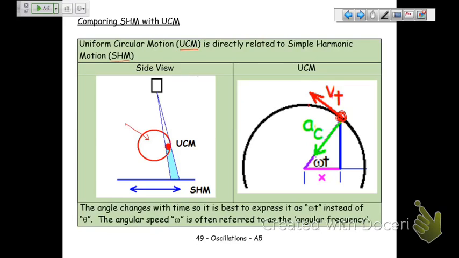and it has a certain angle. So as time passes, this red dot moves around the circle, and as it does, x changes in time. My x component of my tangential velocity changes in time. My tangential velocity does not change, but it's pointing in different directions as it goes around the circle. So the x component changes in time, and my x component of my centripetal acceleration changes in time.